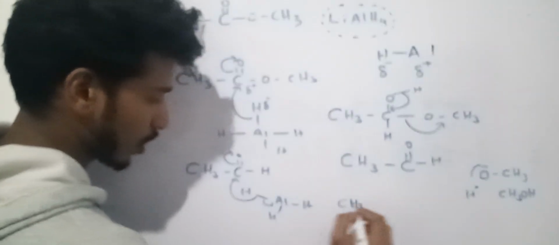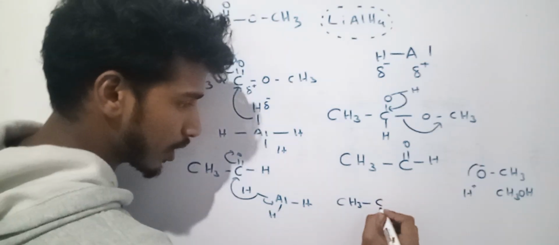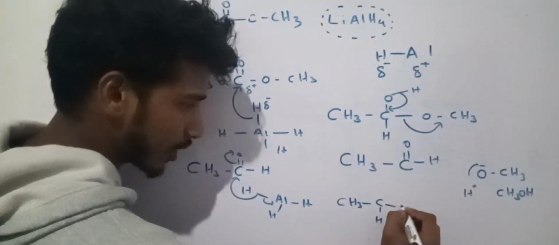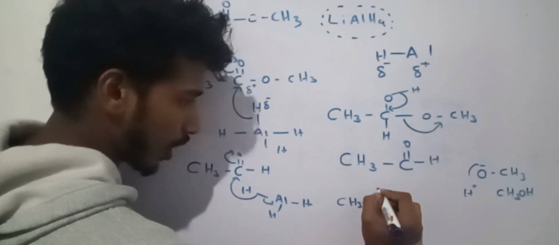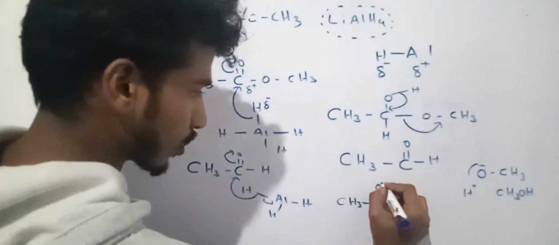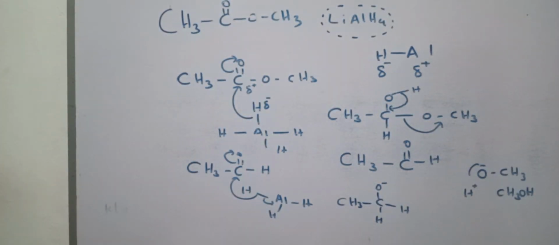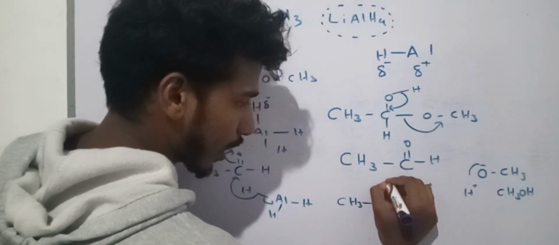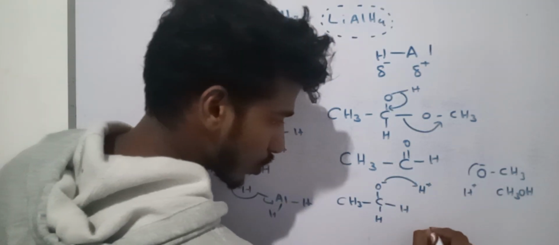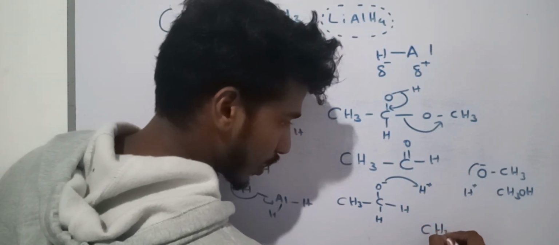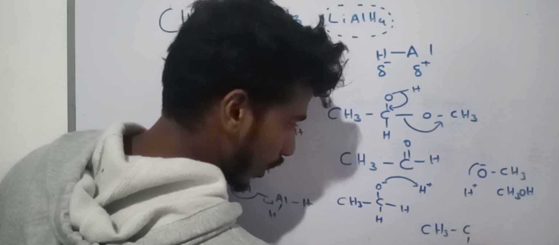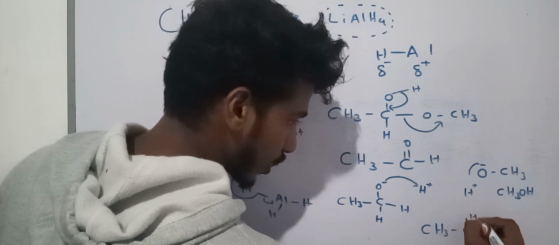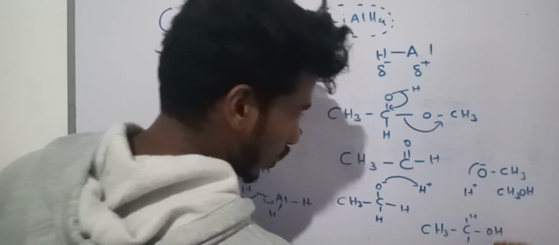CH3 carbon, a hydrogen and another hydrogen and an O minus. And we know that with an existing proton, this O minus accepts that. So eventually CH3 carbon, hydrogen, hydrogen, OH is produced.